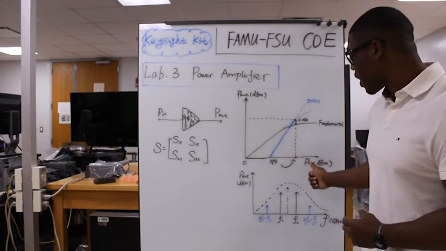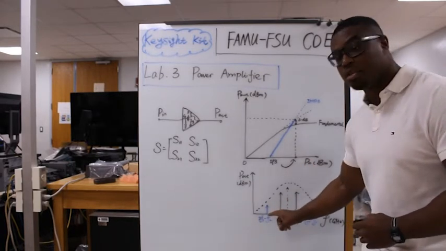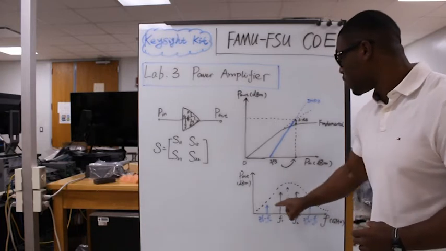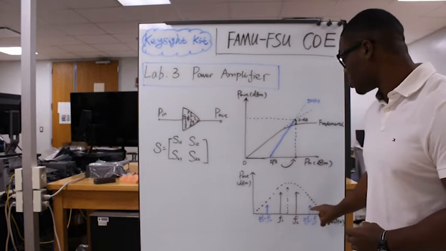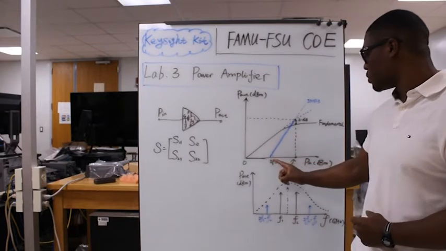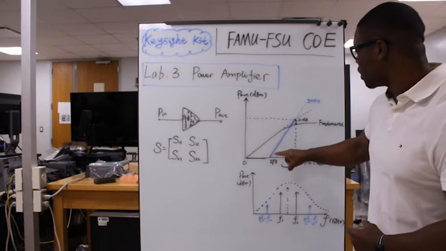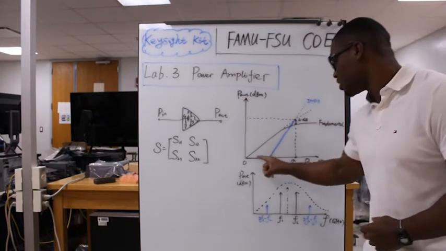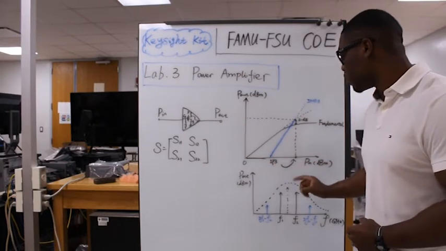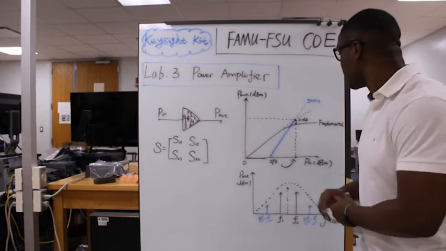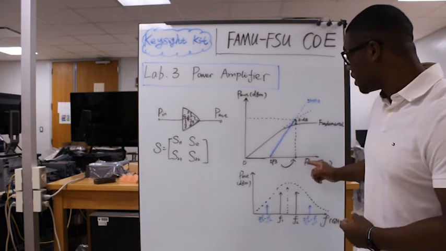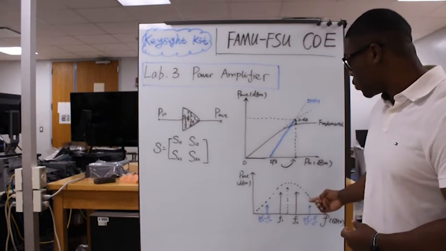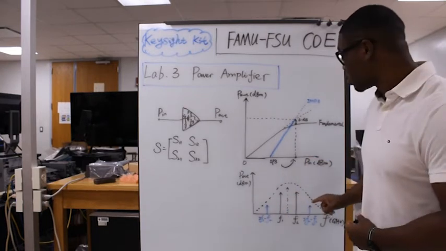And at certain power levels, the IMD3 peaks will show up in the P out at different frequencies as well, which is why you see at a greater P in on this graph is when the IMD starts, because it doesn't exist at lesser P in points. And that's basically how we related our P out to our P in with this graph based on when the IMD3 peak showed up.